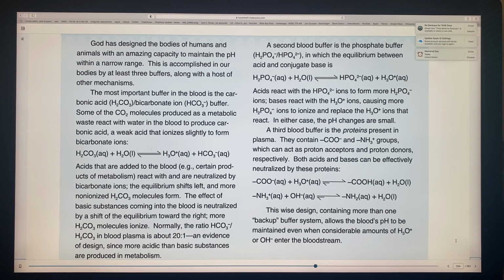So how amazing. When you think of acids and bases and the way they react in our world, it's amazing that God would design it in such a way to keep everything in such a neutralized state.